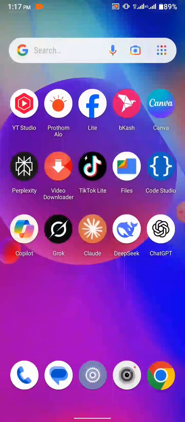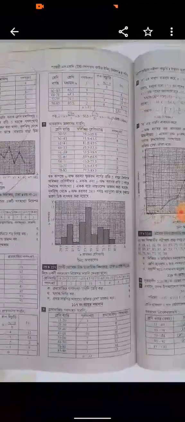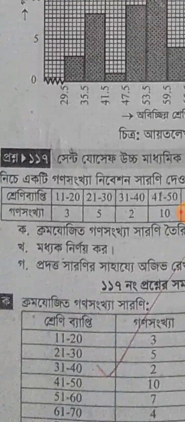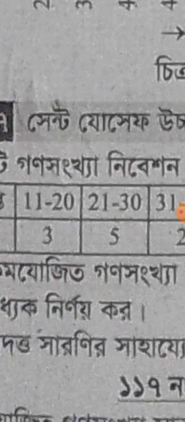They come from two different publications, the most famous ones in Bangladesh. So here is the first one I want to talk about. Although most of the text are in Bangla, and I am not sure whether you are going to understand this, but at least you know that the lower limit of the first class is 11 and that of second class is 21, right? And the first few frequencies are 3, 5, 2.